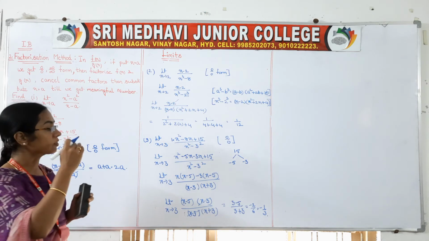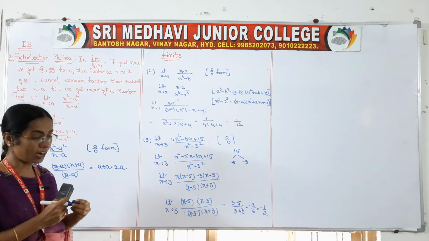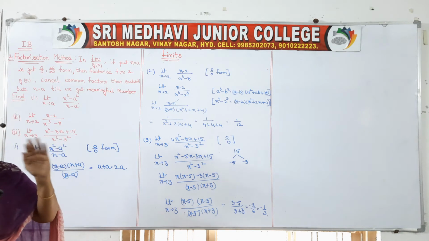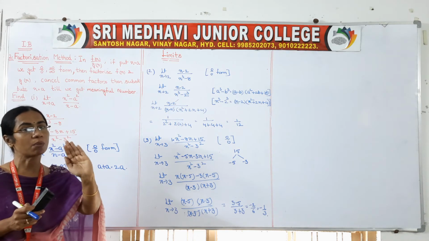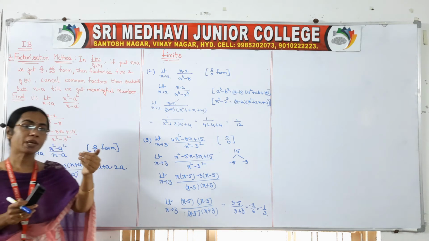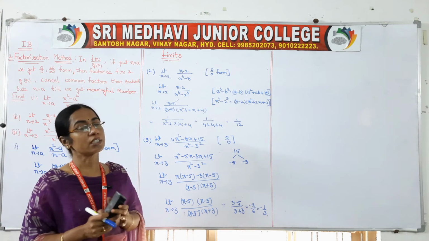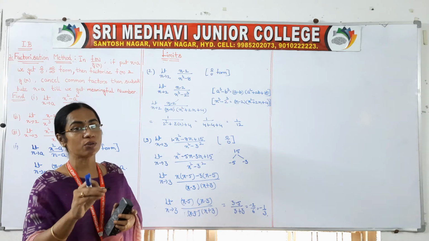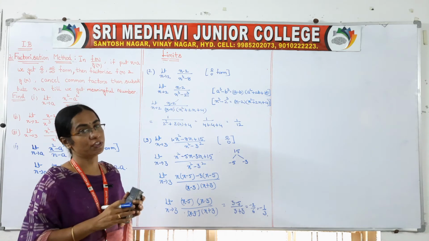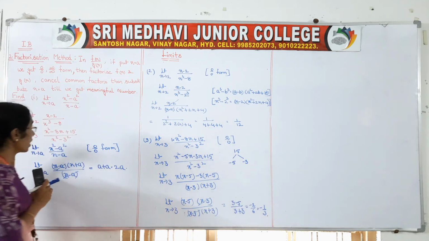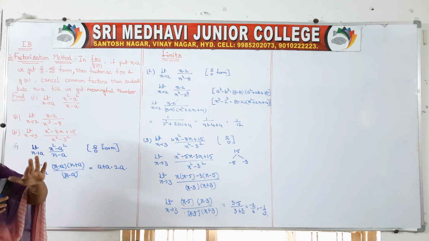Okay, so this is called the factorization method. When we have to go for factorization, first of all the problem should be in the form of f of x by g of x. If we substitute the x value in f of x and g of x, and we get 0 by 0 or infinity by infinity form, then we have to factorize f of x as well as g of x if the possibility is there.